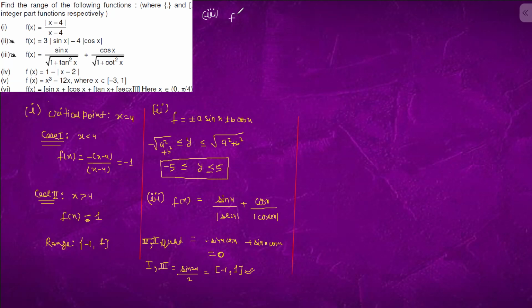f(x) equals 1 minus mod sin x. So f(x) is what? 1 minus mod x minus 2. So we can see that mod x minus 2 is bigger than or equal to 0. Second, minus of mod x minus 2 is less than or equal to 0. Third, 1 minus mod x minus 2 is less than or equal to 1.